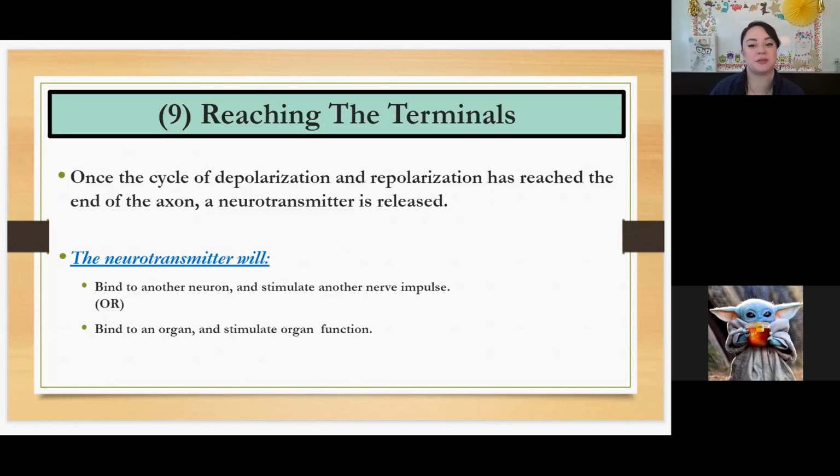This neurotransmitter is going to bind to either another neuron and stimulate another nerve impulse, or it will bind to an organ and make the organ do something. That could mean it binds to the cells in your heart tissue to make your heart beat. It could bind to cells in your lungs to make them inhale or exhale. It could bind to cells in the duodenum of your small intestine to make it release bile or pancreatic juice.